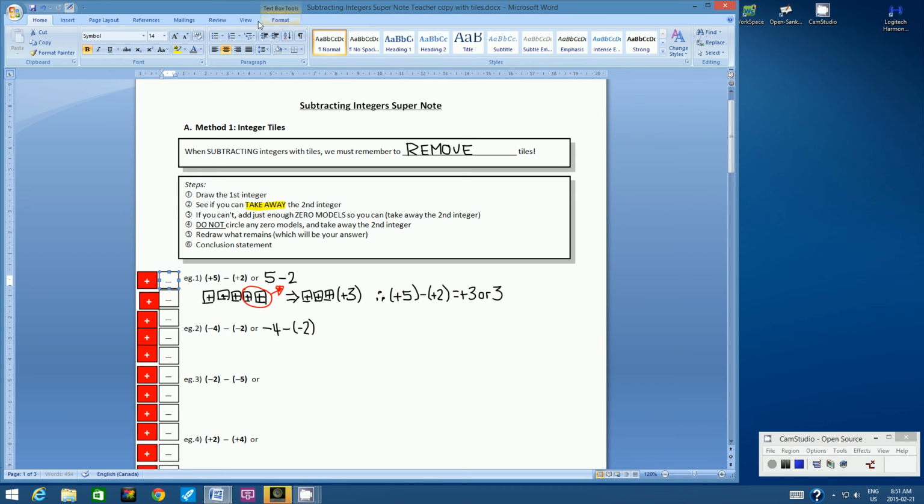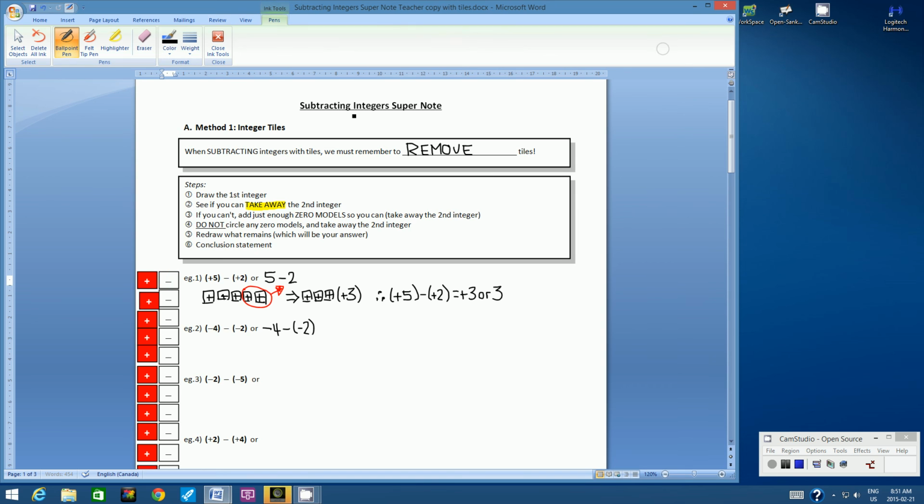Now let's go to our tile solution answer. Let's draw the first integer. We have -4, so we have 4 negative tiles. Then we have to ask ourselves, see if you can take away the second integer. Well, we know we can. There are 2 negative tiles in the second integer.